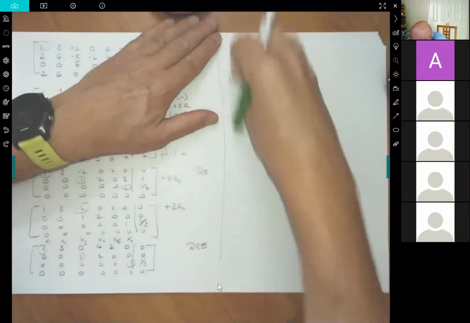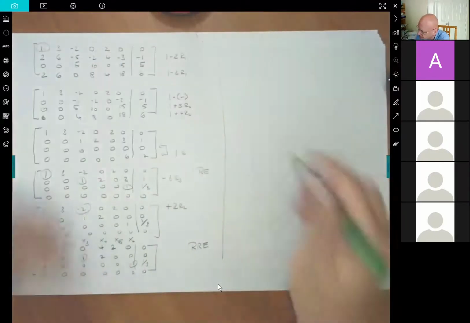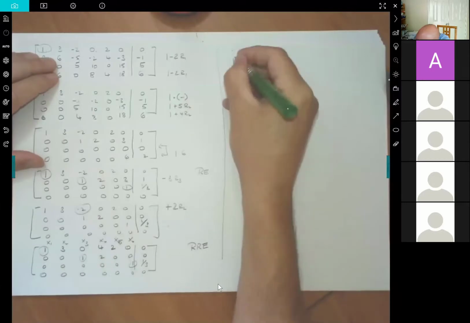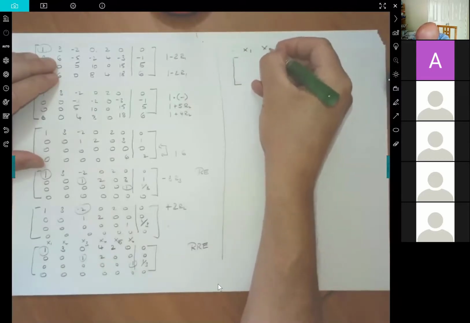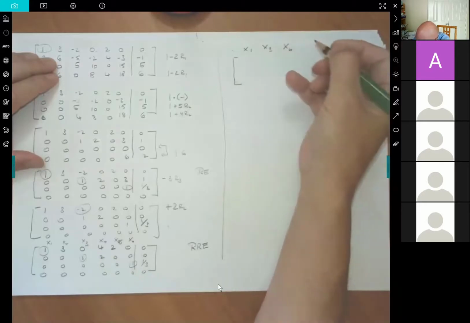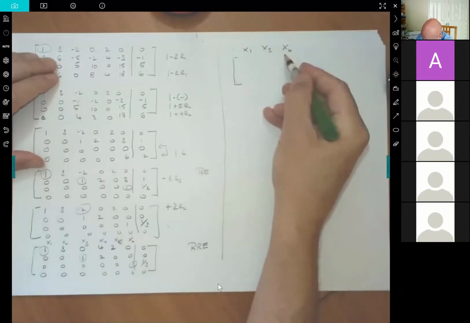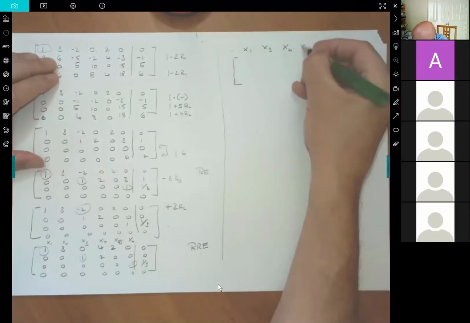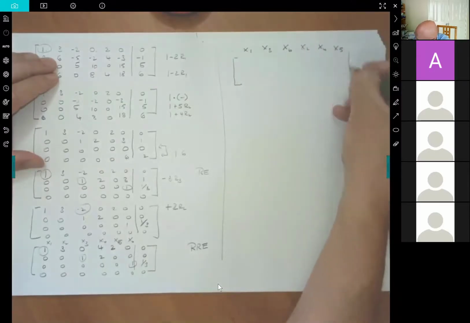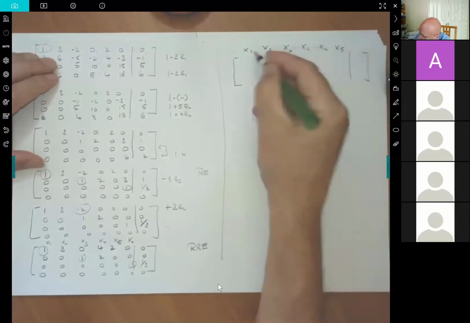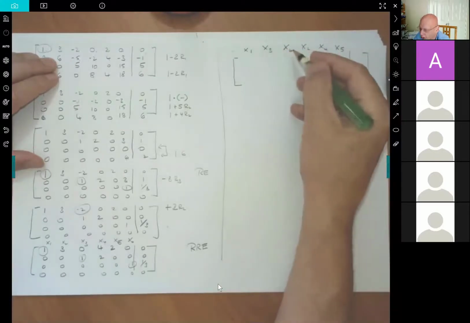Sorry, should have a little more space. So let's say starting from here. So what I do is I make x1, x3, x6 first. So these are the variables for the leading ones, and then all the rest, x2, x4, x5, and the right-hand side. So all what I've done is I renumber my variables.